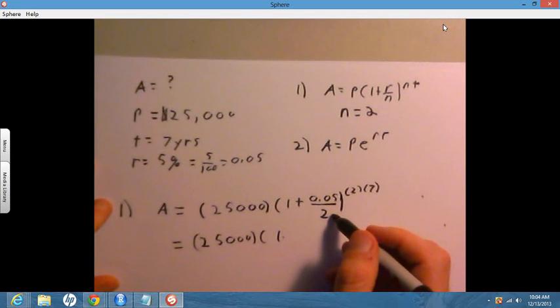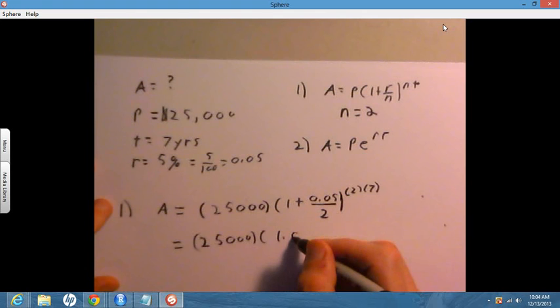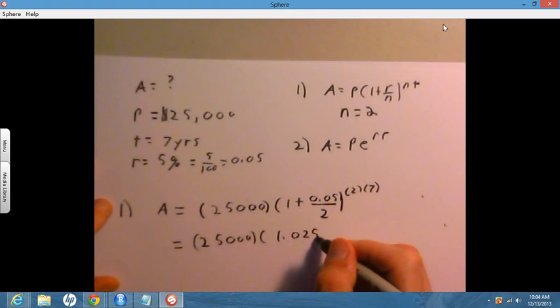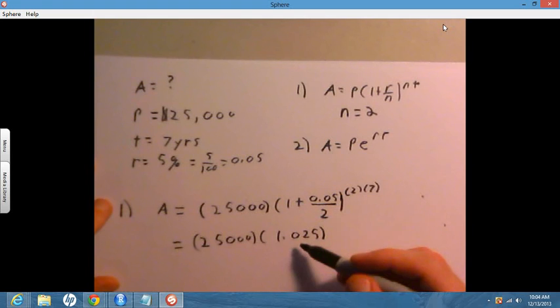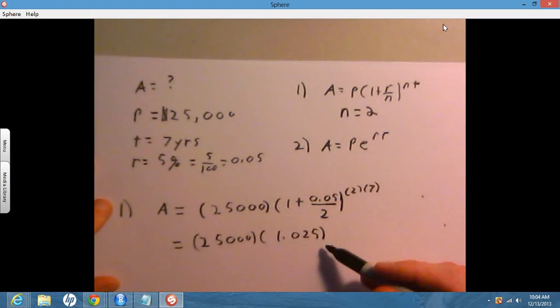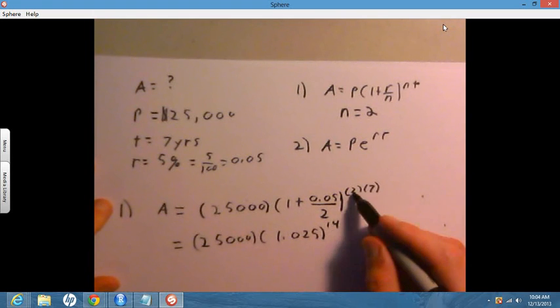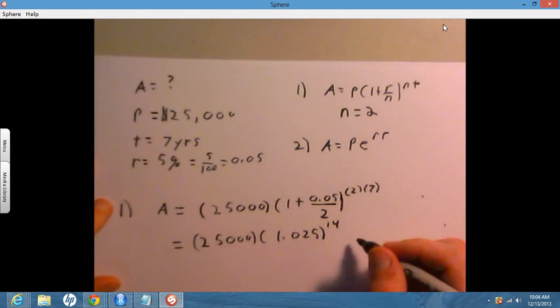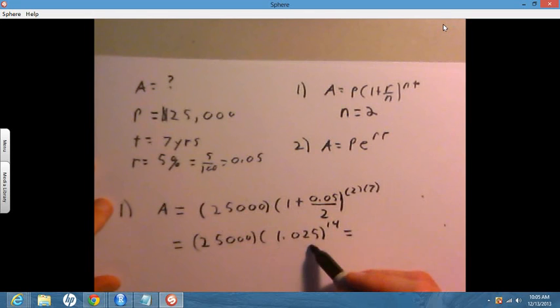And we add 1, which is 1.025, raised to the 14, because 7 times 2 is 14. And 1.025 raised to the 14, if I do it in my calculator, is going to be 1.41297.